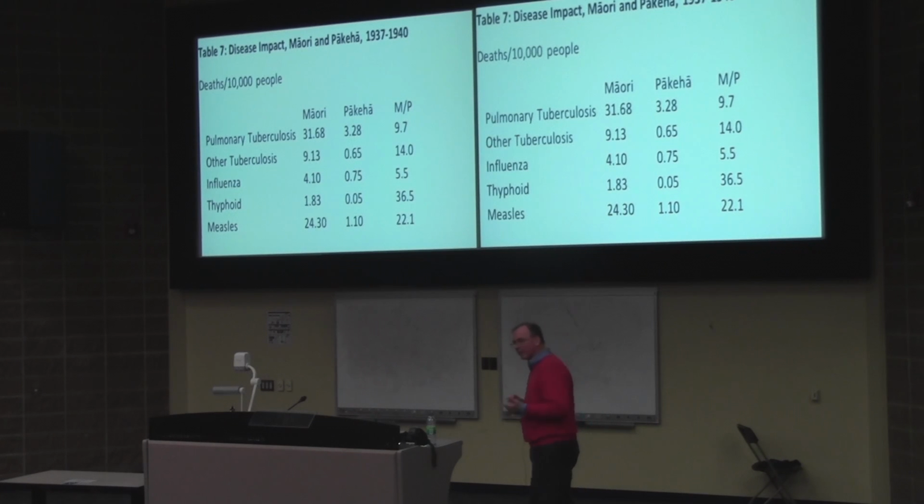And by the 1930s, we're starting to get good about this. Huge differentials here, just massive. This is a very unequal society in the 1930s, you can see. So there's big questions here about what's going on with the Maori in that interval.